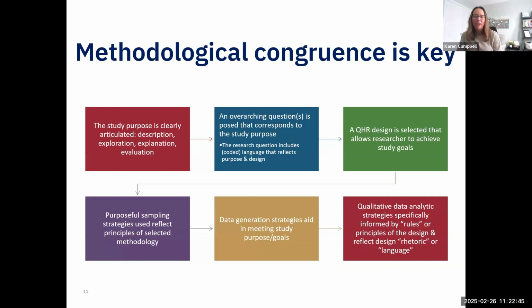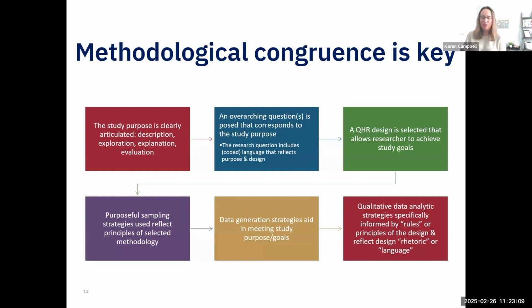So from that question, select a design that allows you to answer the question in a way that is meaningful, and then make sure that the sampling strategies you use also go along with the design that you're using. We talk about data generation strategies. This is previously known as data collection strategies.